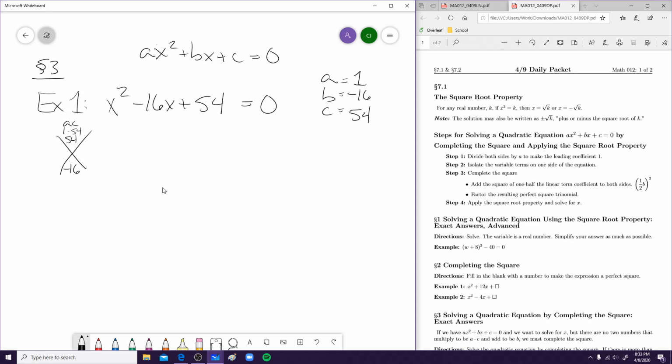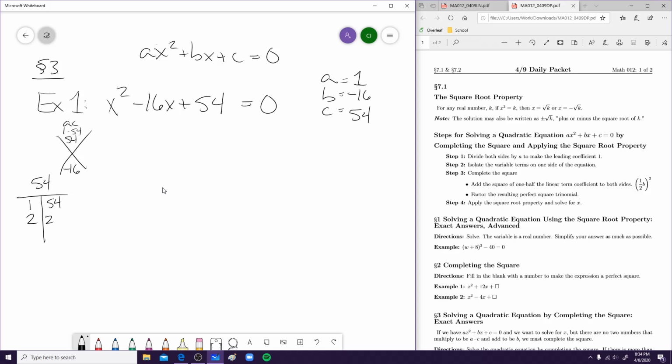Because c is positive and b is negative, we know both numbers should be negative. So let's see, what are the factors of 54? There is 1 and 54, but when I add them, they don't give me negative 16.